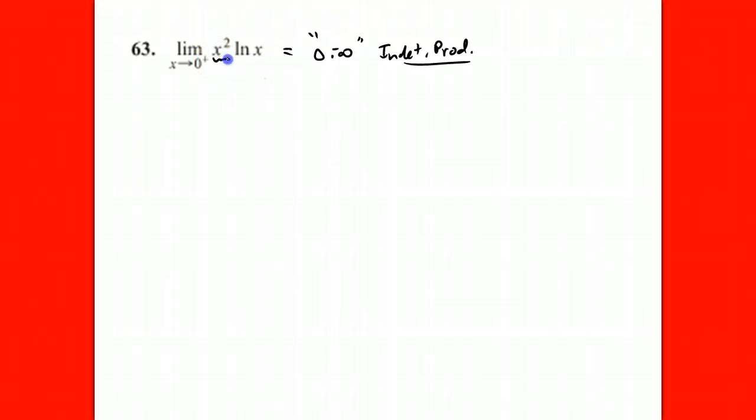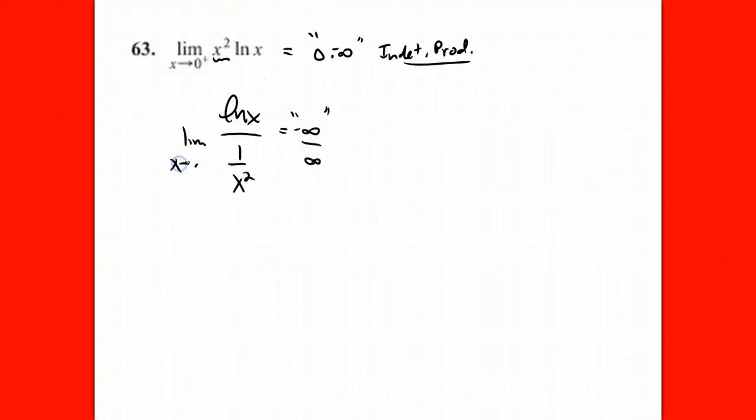The easiest part is the reciprocal of this polynomial part. So you create a fraction by calling it log x times 1 over x squared. Now you have a fraction, and that fraction is going to infinity over infinity, technically negative infinity over infinity. Now you can use L'Hopital's rule, and you're on your way.